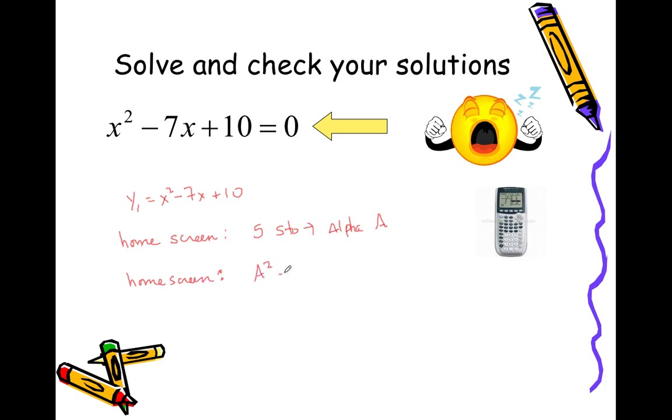A squared minus 7a plus 10. Enter. What do you get? Woot! 0. So, of course you don't actually need to do that with 5 because 5 is such an easy number. But when numbers aren't so easy, we might want to use this store capability.